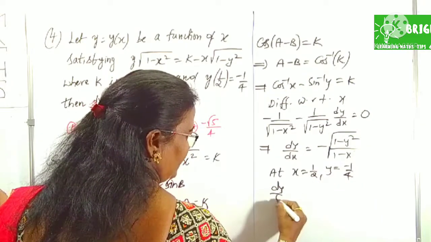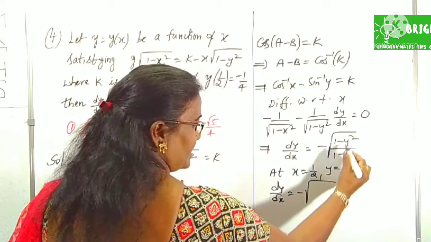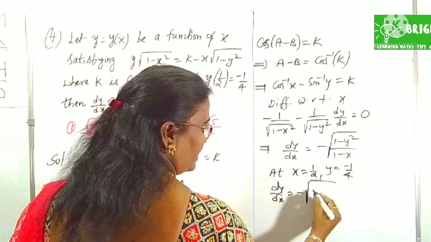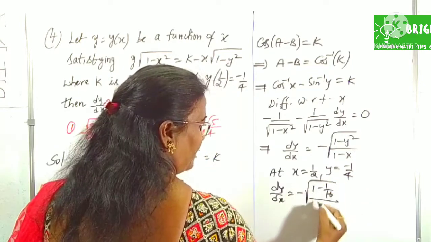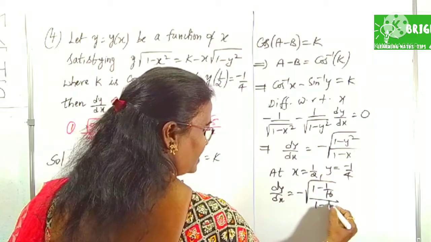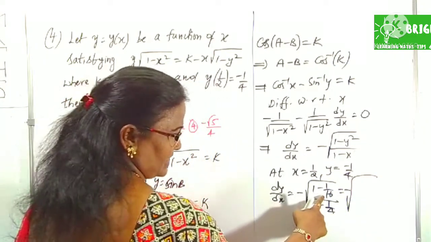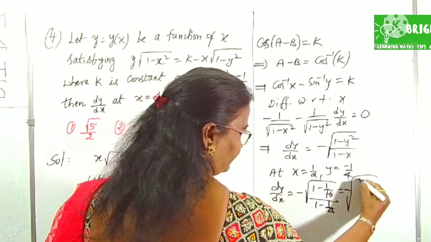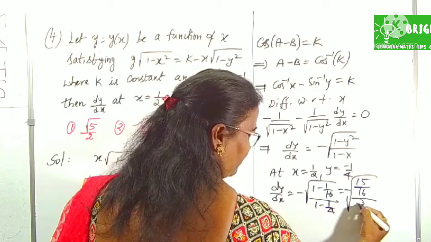The resultant value of dy by dx we can understand like this: minus root over, y is minus 1 by 4, whole square is 1 by 16, right? By 1 minus x square, meaning 1 by 2 whole square is 1 by 4. What is the LCM here? With the minus there. LCM is 16, 16 minus 1, 15. 15 by 16 by 4 minus 1 is 3, 3 by 4.